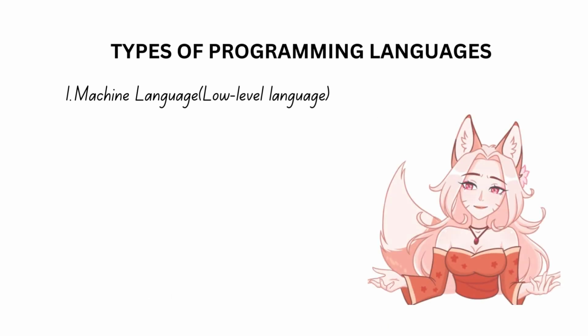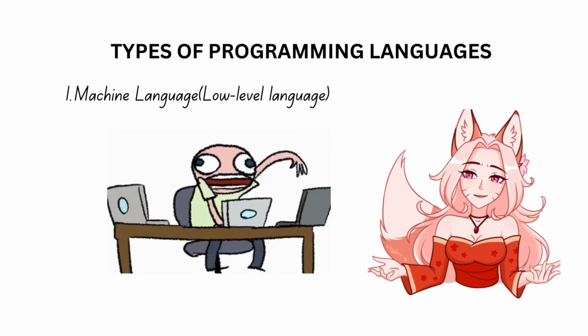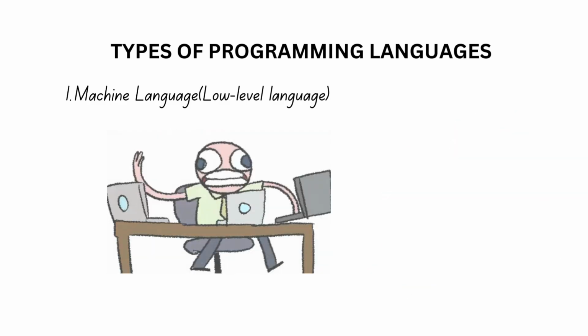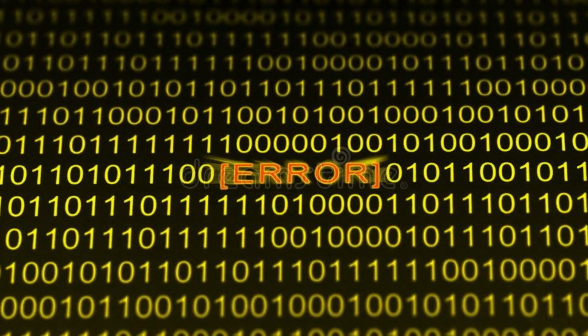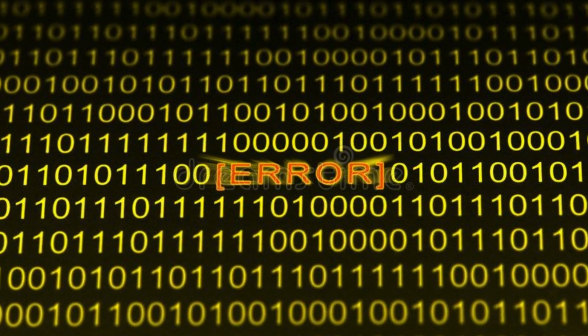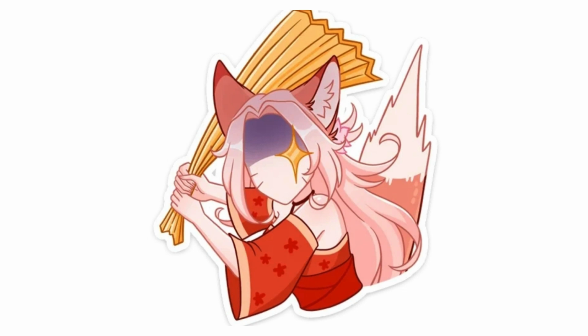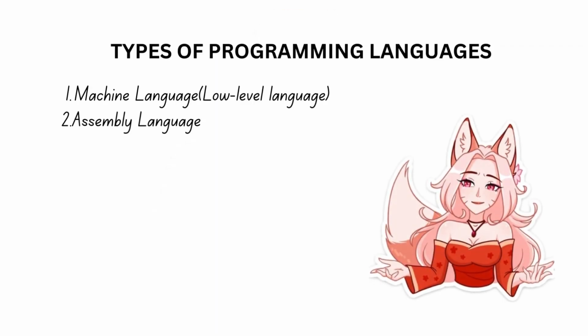And this is why machine language is extremely difficult for humans to read and write directly. Let's take for instance, you've written many lines of code and writing them itself was difficult in the first place. And if it happens that you made several mistakes in the written code, it will be difficult to spot the errors. To solve this problem, another type of programming language known as assembly language was created.